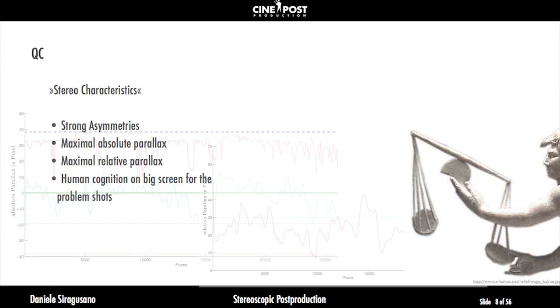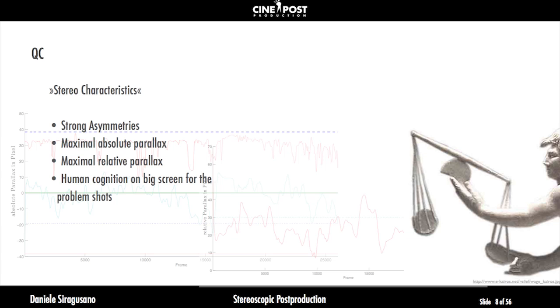So what strong characteristics or stereoscopic characteristics do we look at in the picture? Besides all the traditional things you spot in a QC, like a boom in the picture or dust on the lens, you double this up, because you can have a boom just in one picture, in the left or in the right view, or you can have spots on the left image, on the right, or on the mirror.